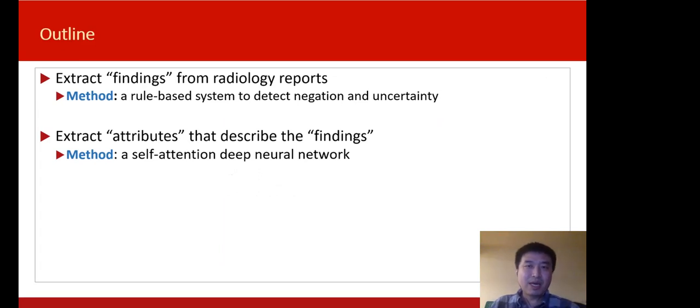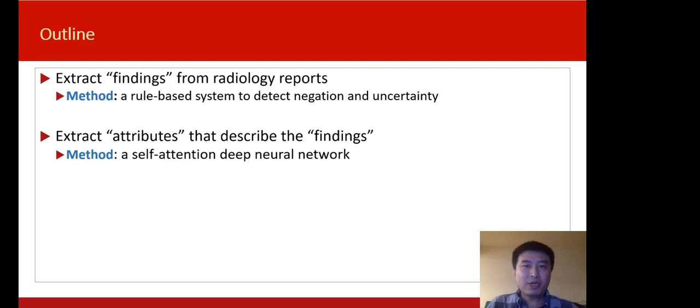Based on this idea, in this talk, I will present two projects or two directions. In the first project, I will describe a rule-based system to extract findings from radiology reports and show how we can use clinical natural language processing techniques to construct a large-scale chest X-ray dataset.